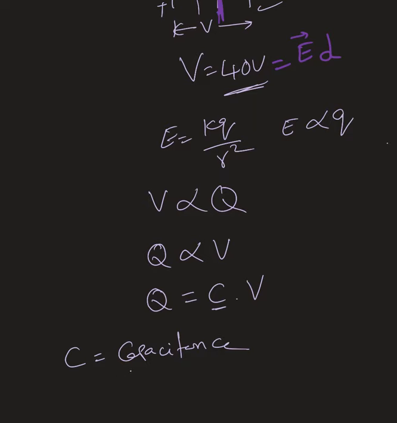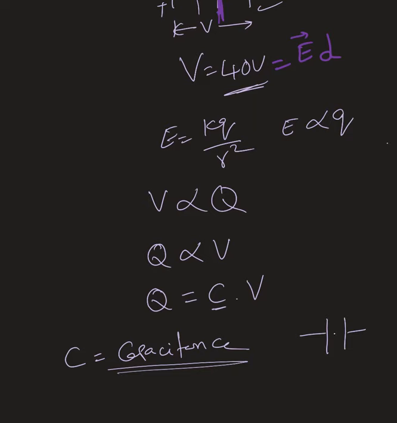By the way, this capacitance is independent of Q and V. When the manufacturer makes the capacitor, it's nothing but two conducting plates separated by dielectric material. It's a very simple device. When we place two conductors separated by dielectric material, a capacitor is formed.